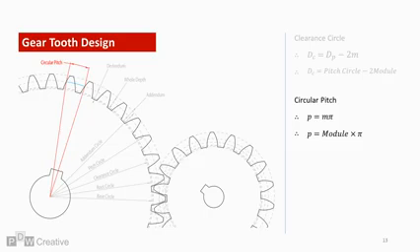The circular pitch is the length of the arc from any given face or point of one tooth along the pitch circle to the corresponding face or point of the next tooth. It is essential for calculating the module and vice versa, and the calculation is module times pi.